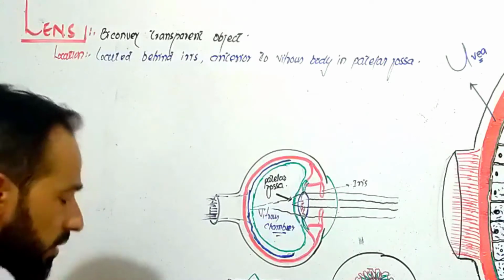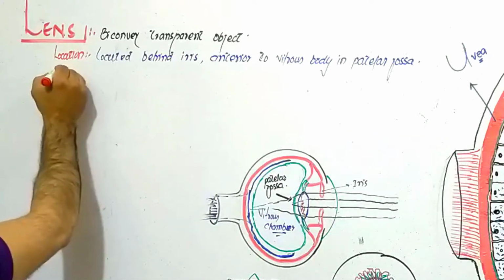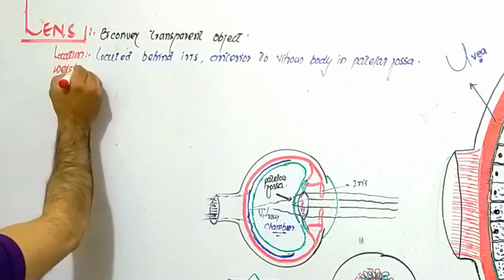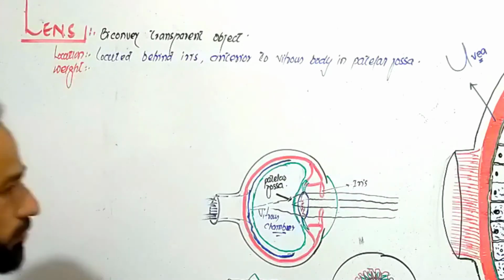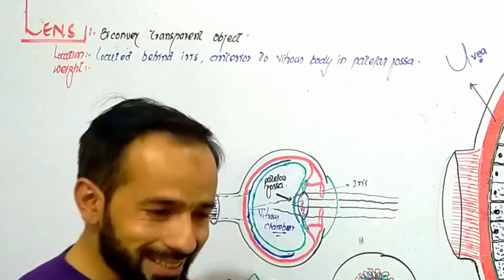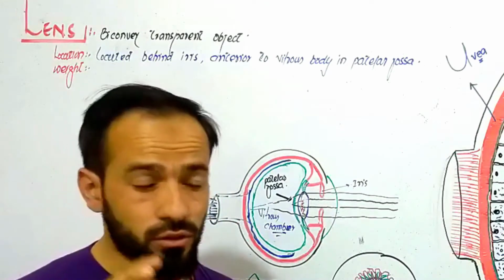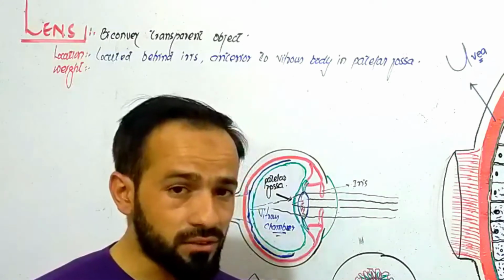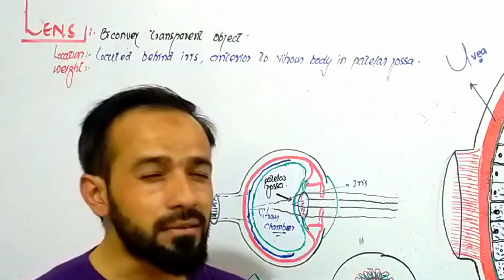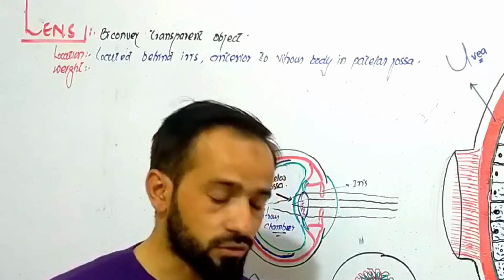Now the next thing, what is the weight of this lens? When a baby is born, his eyes are very small, and our eyes are a little bit larger. So the weight of the lens of a baby is less than the weight of the lens of an adult.